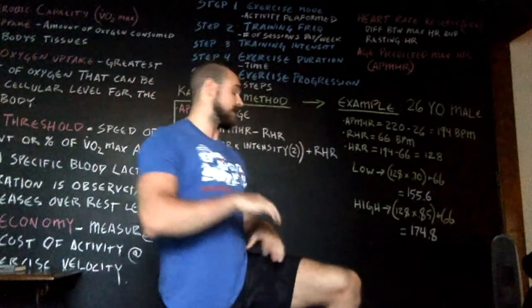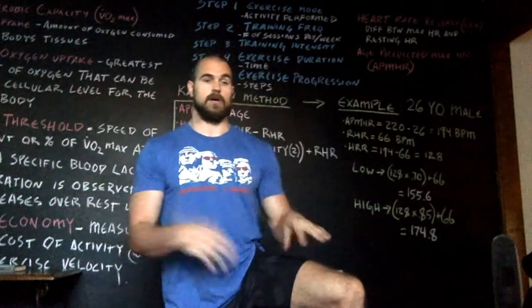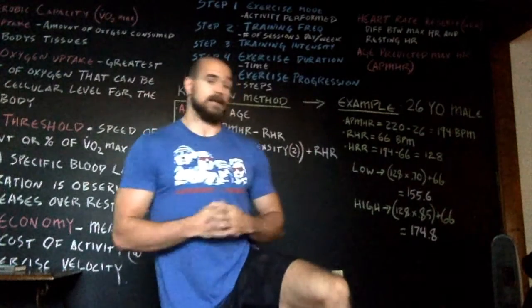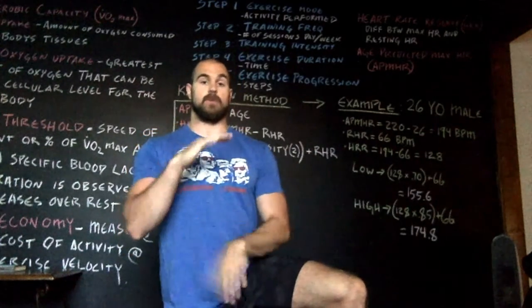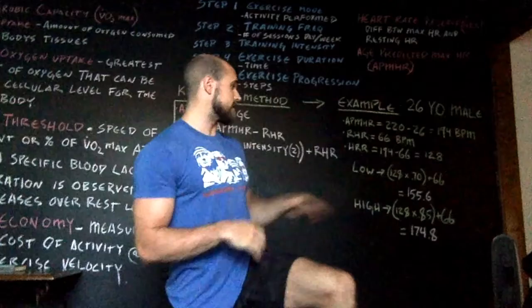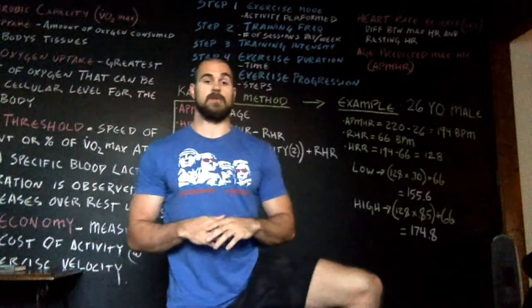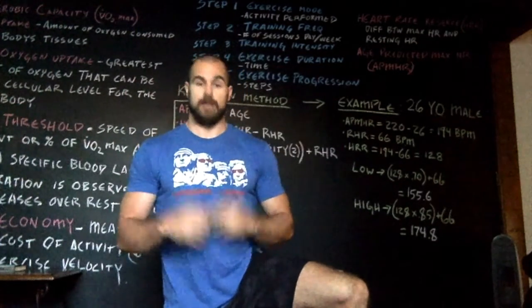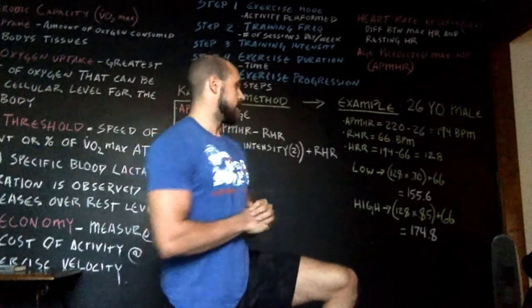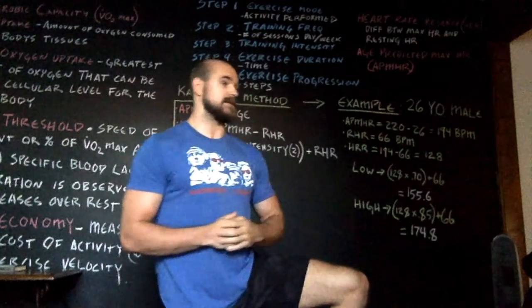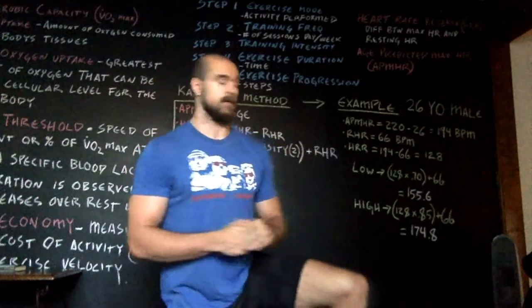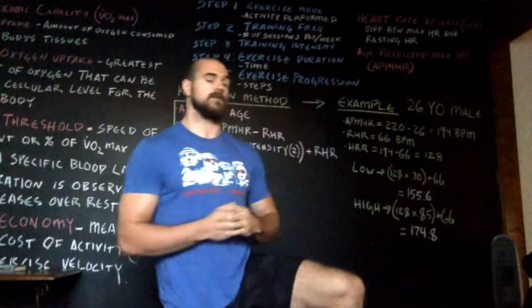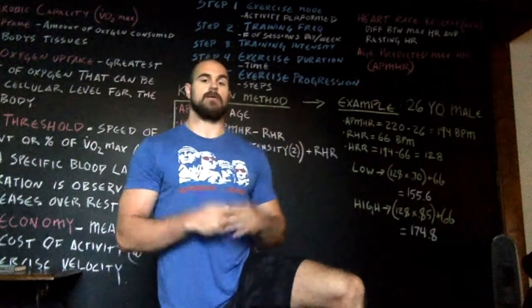Then if I want to take my higher end, before I start putting all that lactic acid into my body and feel all that burning, I want to stay between these levels. So I take that same 128 and multiply it by 0.85, that 85%, my higher end, and add back in 66 for my resting heart rate. That gives me a higher end of 174.8 beats per minute, 175.